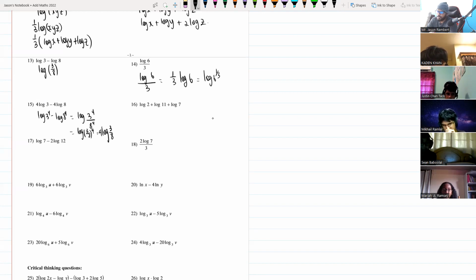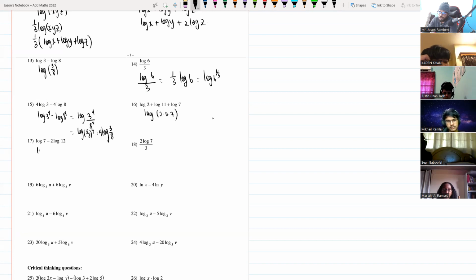Next, this is log of 2 by 11 by 7. Simple. You could work out what this is. 11 by 7 is 77. 77 by 2 is 154. So this is log of 154.